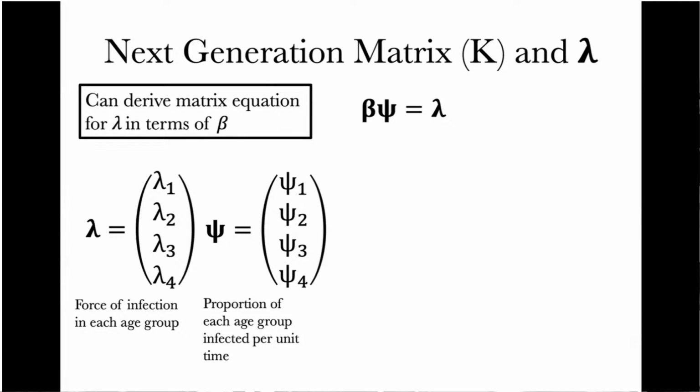Remember, the force of infection is beta times the proportion infected. Do you remember that? Yeah? Okay.